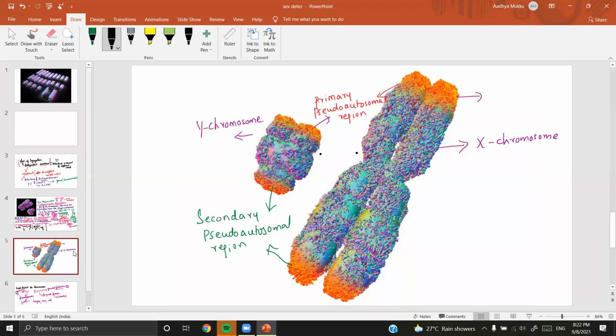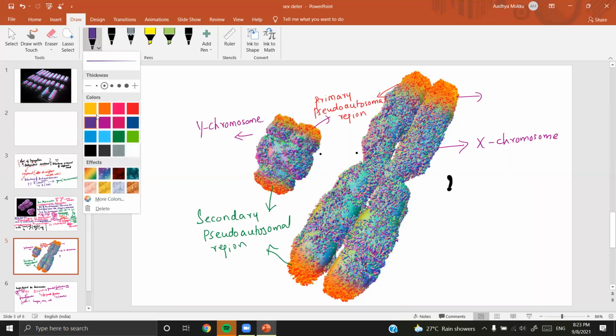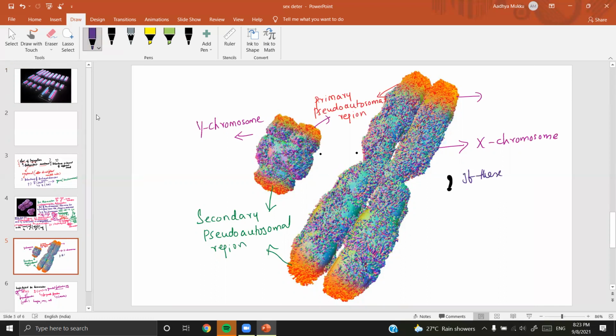If these are not of the same size, then how do they align during metaphase 1? How are they aligning when they do not have the same size and shape? Come on, tell me. How is this happening?